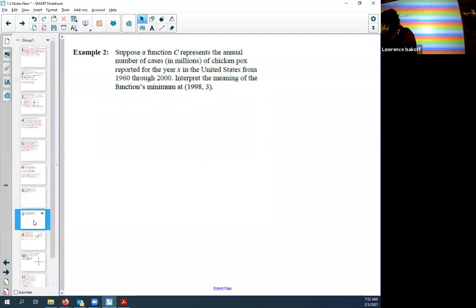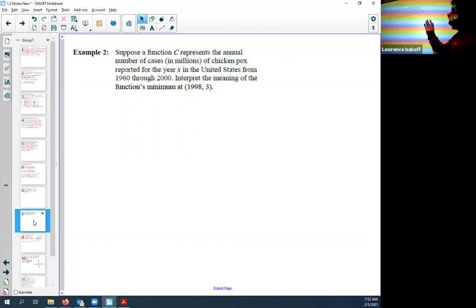Okay, so let's look at this example here. Suppose that a function C represents the annual number of cases of chickenpox reported for the year x in the United States, 1960 through 2000. Interpret the meaning of this being a minimum.